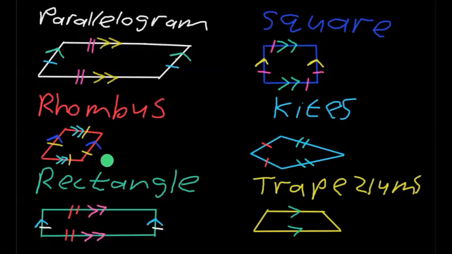So that's the distinguishing property between a parallelogram and a rhombus. All 4 sides should be the same, let's say 4 centimeters each.